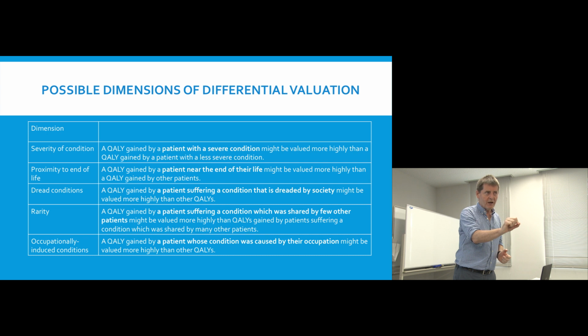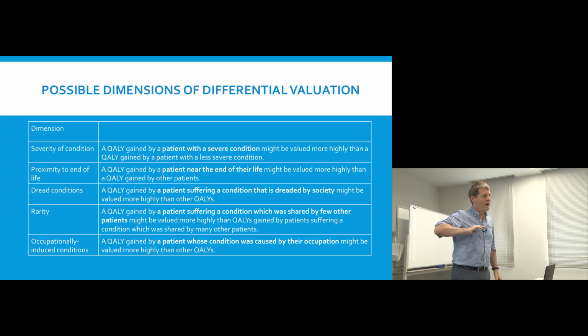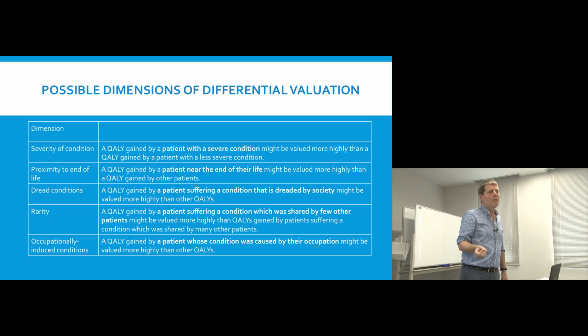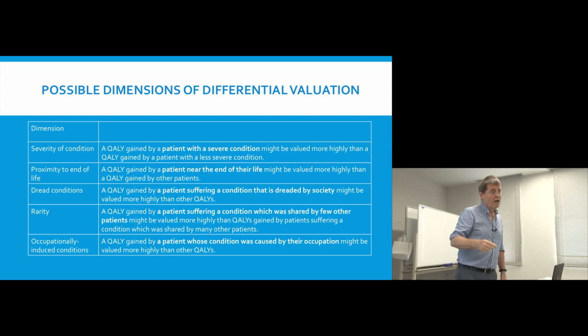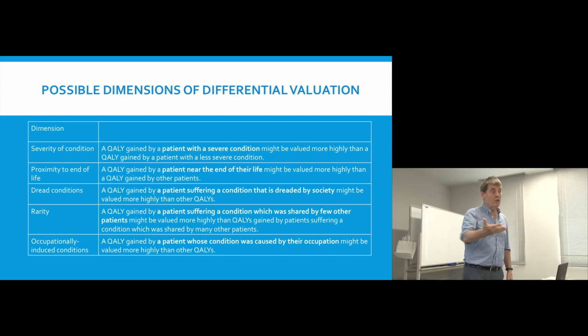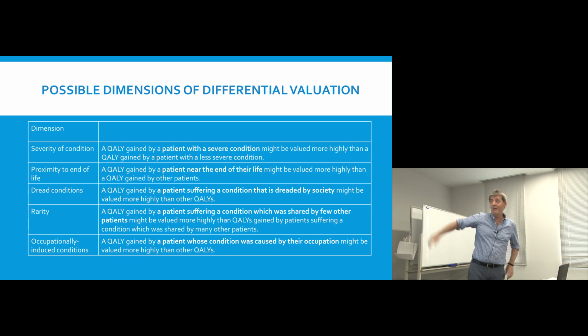What you're talking about is the quality adjustment part of it. So you're saying, suppose a patient is at some level 0.2 and we can move them up to 0.3, should that not be worth more than another patient being moved from 0.8 to 0.9? Right. That is one dimension of this.